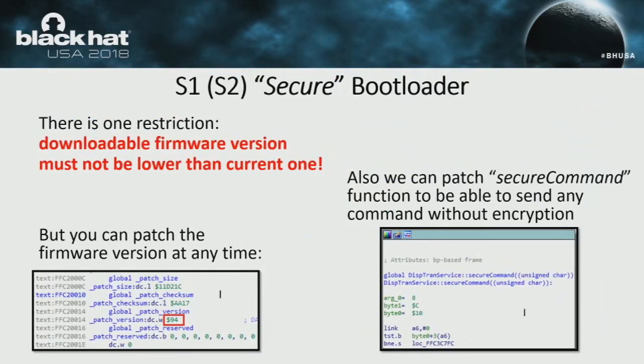But could we download some old firmware with old vulnerabilities? We tried to do that, and some more problems appeared. It was checked that the downloadable firmware had the same or greater version number than the current firmware.